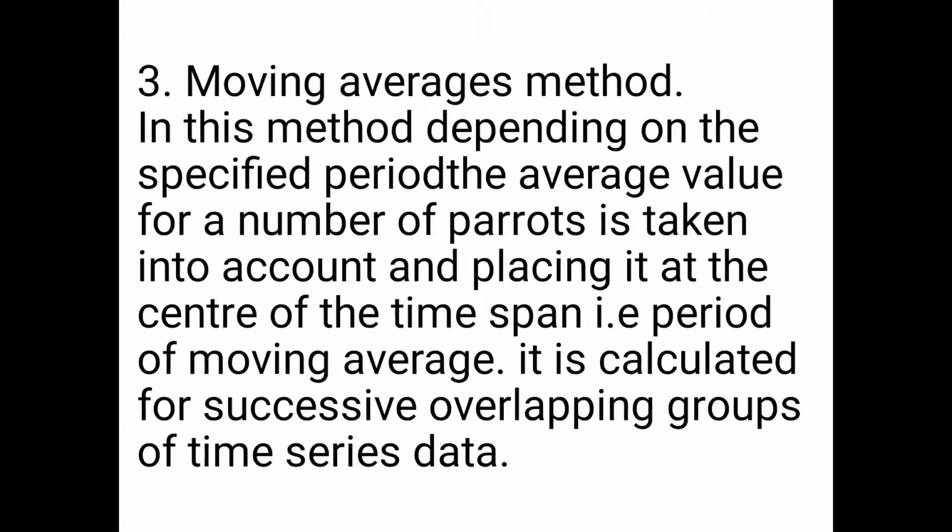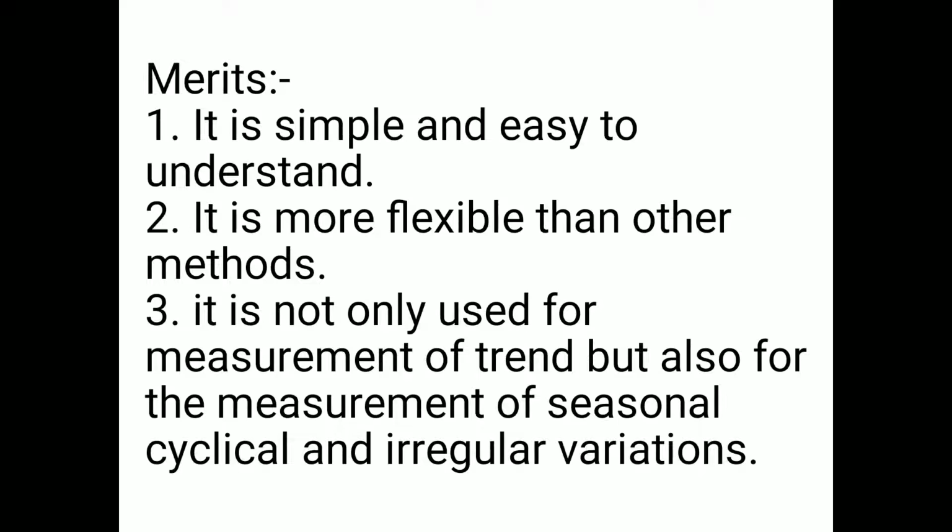The data obtained in terms of averages are moving averages, also called the trend values. The period of moving averages can be 3 years, 4 years, 5 years, or monthly.